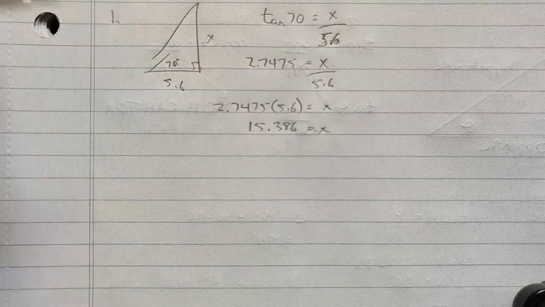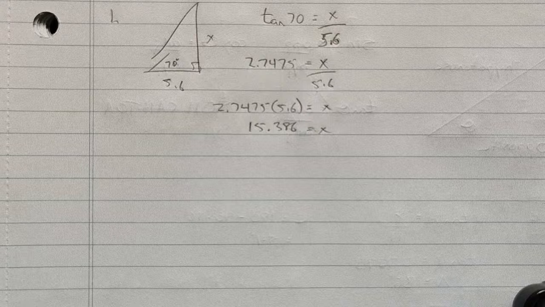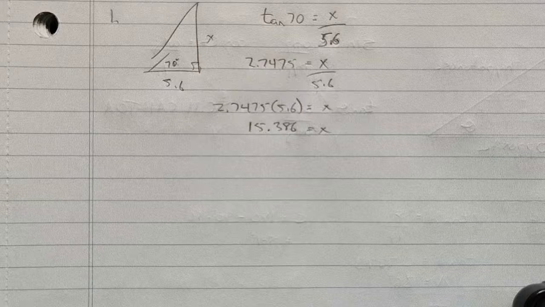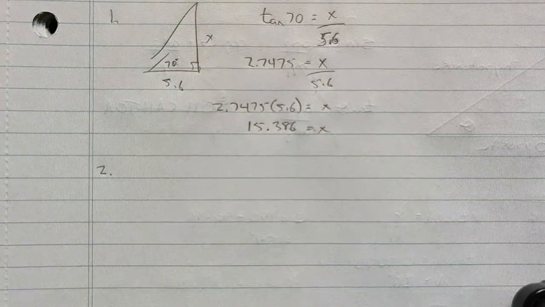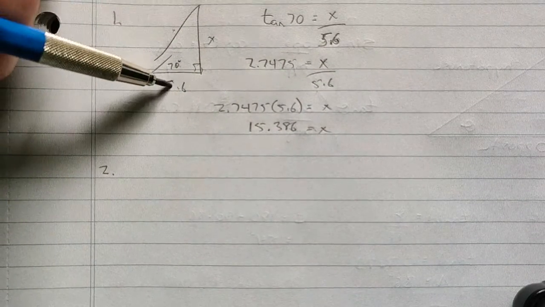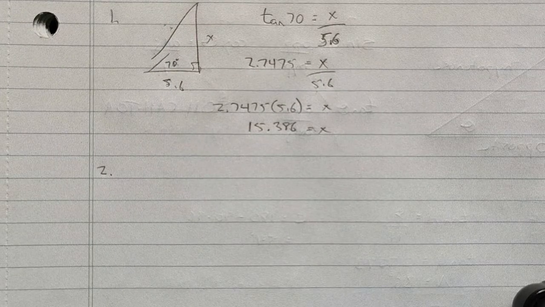Now, if we look at part 2 of that, it just asked to find the length of the guy wire. So that's the hypotenuse. If we do part 2, then all we're doing is finding the length of the hypotenuse. We've got the adjacent, we've got the hypotenuse. Adjacent and hypotenuse are the cosine ratio.